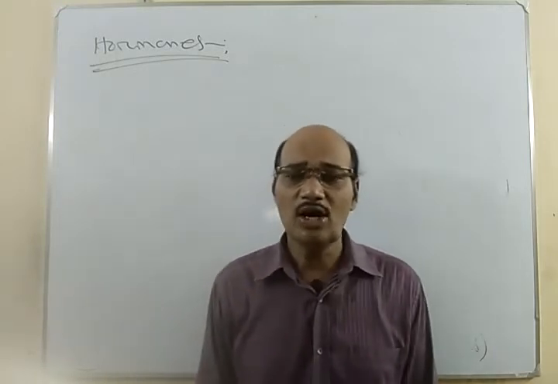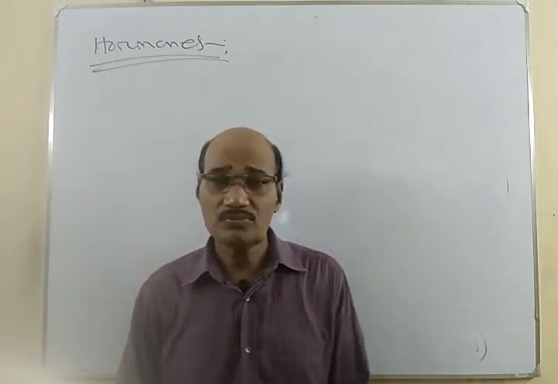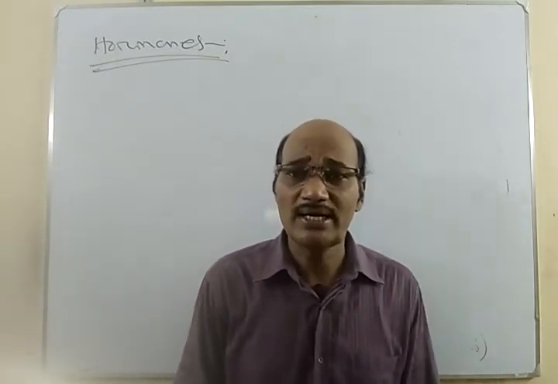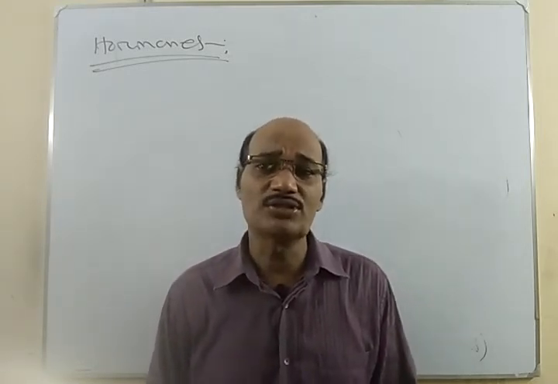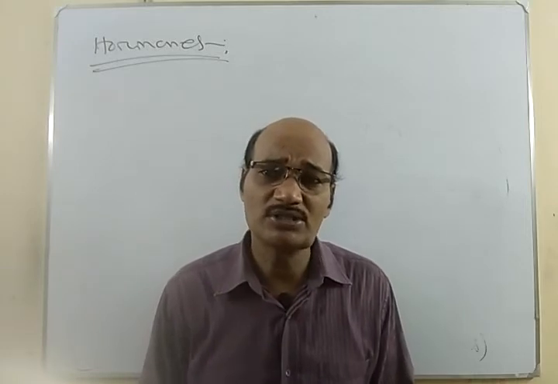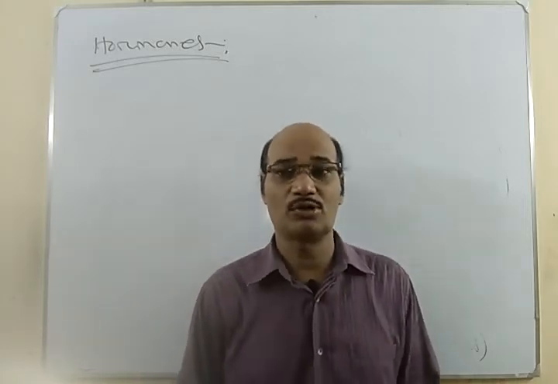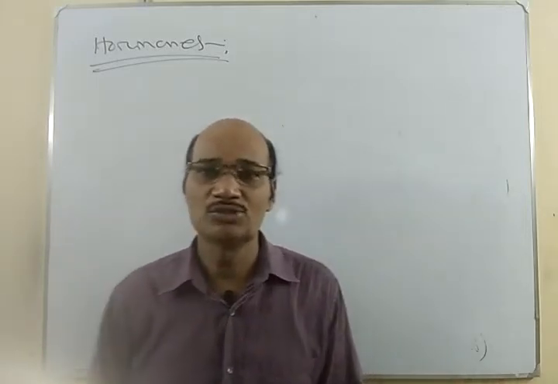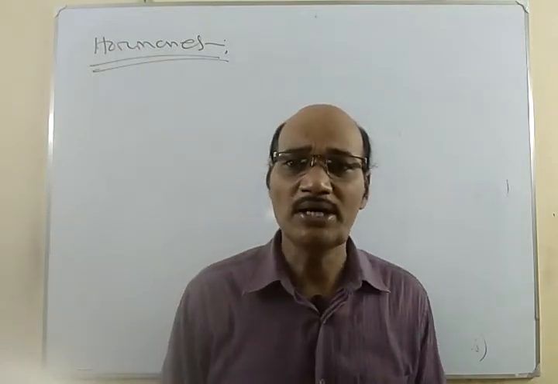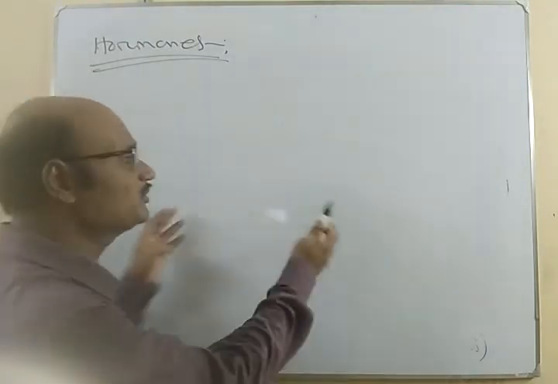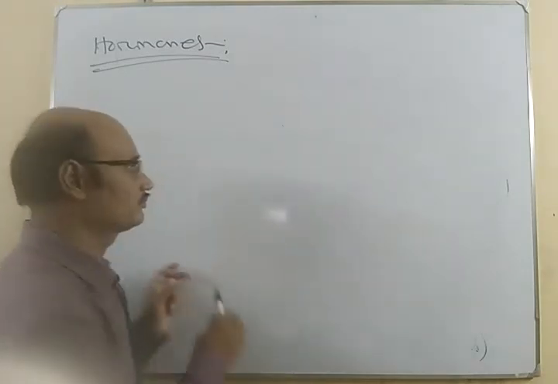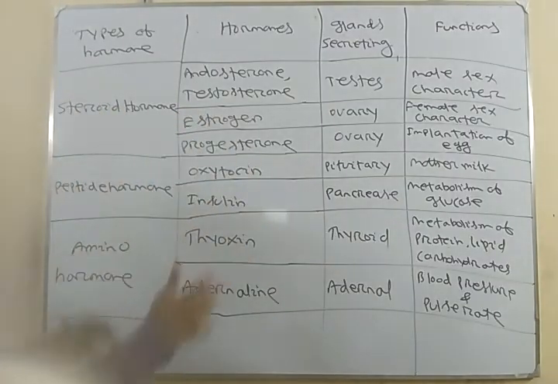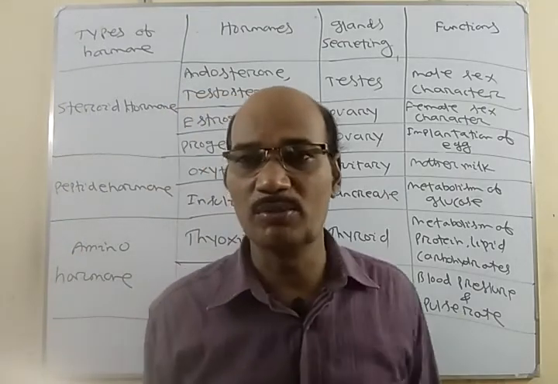Similarly, we have glands like the adrenal gland, which secretes adrenaline and regulates blood pressure and pulse rate. Okay, so these are the different kinds of hormones. Let us have a list of hormones.